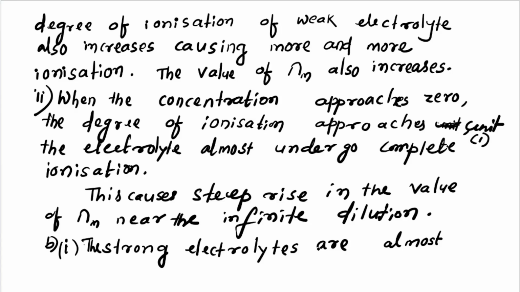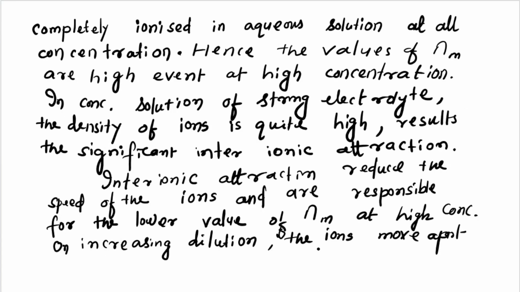But when you see a strong electrolyte, what happens? A strong electrolyte is completely ionized from the beginning, at all concentrations. Molar conductance is lower at high concentration. In a concentrated solution of a strong electrolyte, the density of ions is high, resulting in significant interionic attraction.